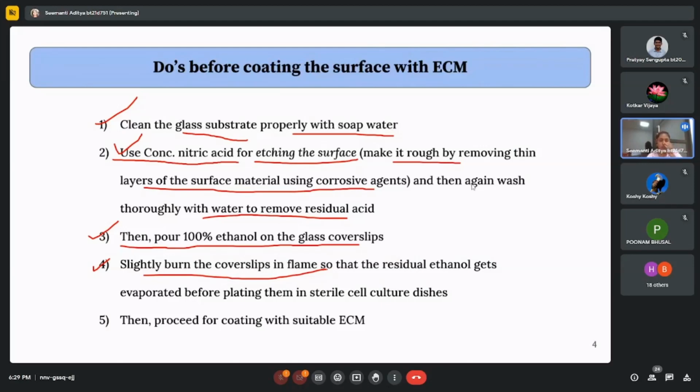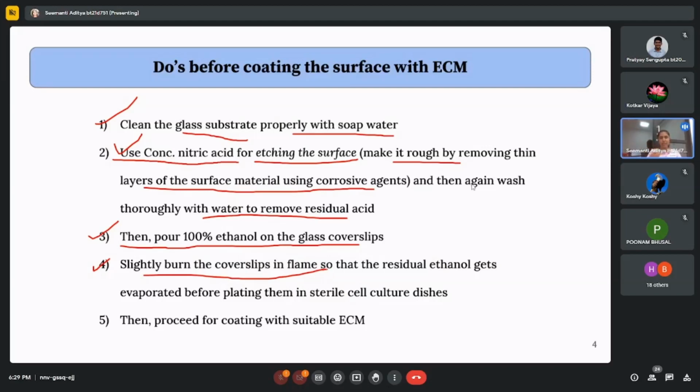We don't need to place it on top of the flame, because if you place it on top of the flame, there is a chance that it will break. It has to be a little far from the flame, and we can see that when we are burning the cover slips or the dish, the ethanol will start evaporating because of the heat itself. So from far we place the cover slips or the dish in front of the flame, and the residual ethanol will be removed.